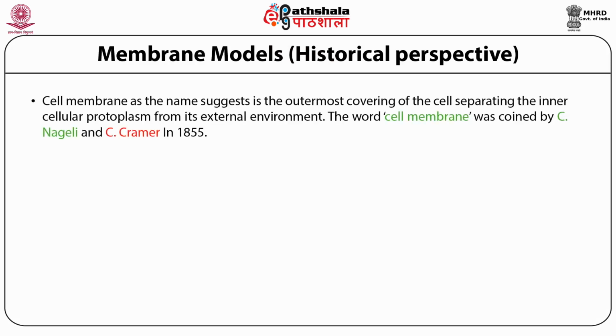Cell membrane, as the name suggests, is the outermost covering of the cell separating the inner cellular protoplasm from its external environment. The word cell membrane was coined by C. Nageli and C. Kramer in 1855.